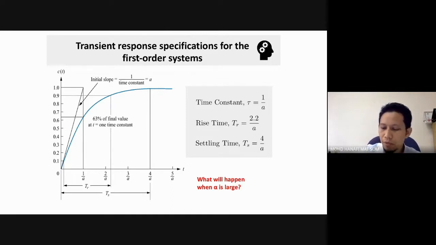For the rise time and the settling time, they found it by numerically plotting the response here. They calculate using the computer, and then you will get this expression for Tr and for Ts.